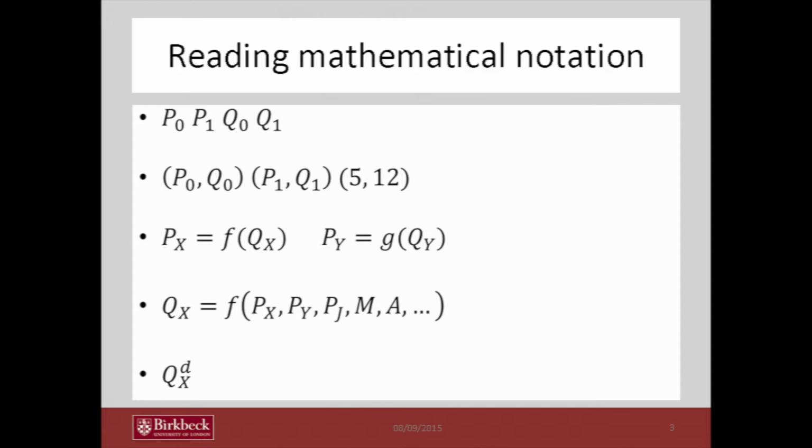So, how many products I can sell of quantity X would depend on the price of X, on the price of Y and the price of J, which are two alternative goods, M, which is usually the income, and A could be some other variable. The dots in this case mean that there are a lot more other variables following, which are not necessarily important in this very specific case.